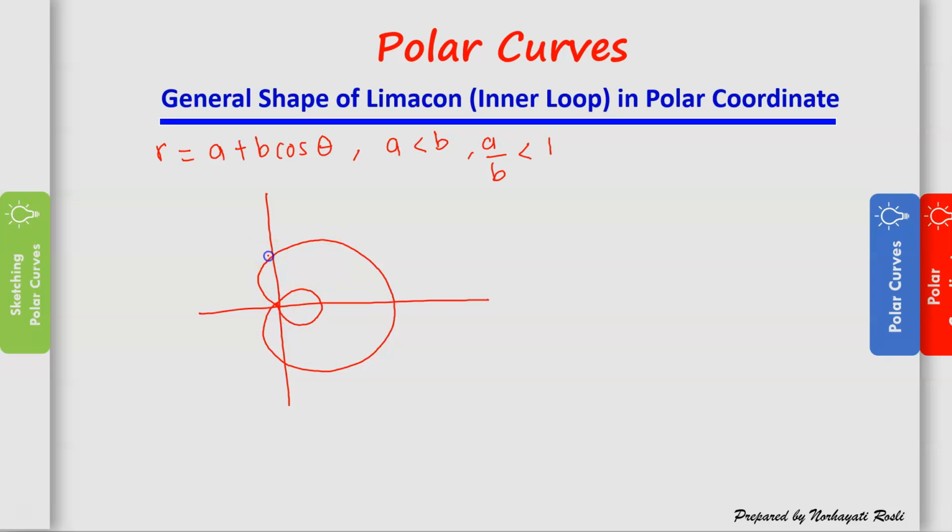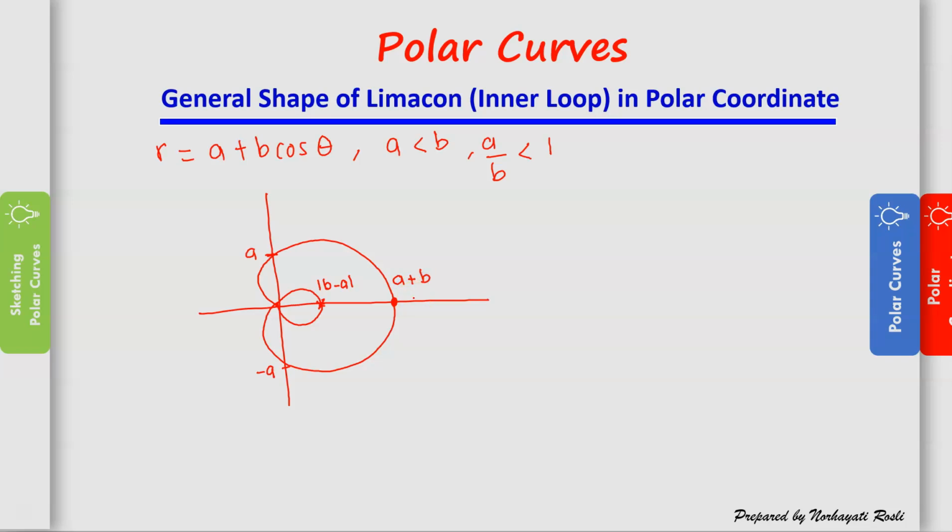So class, the point here is referred to a and negative a. The point at this inner loop is the absolute value of b minus a. And the point at the end of this shape is given by a plus b.